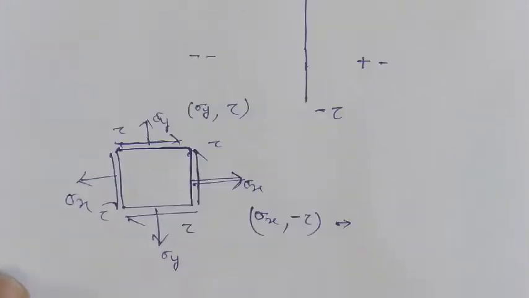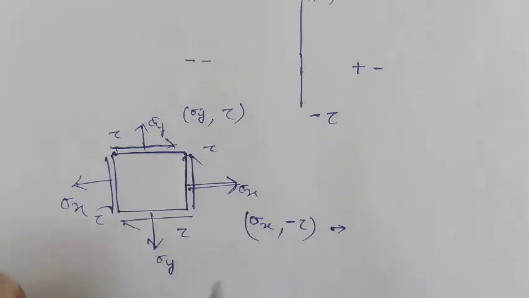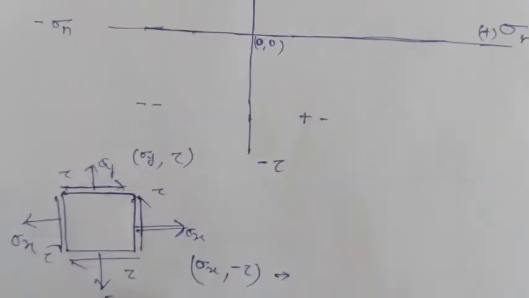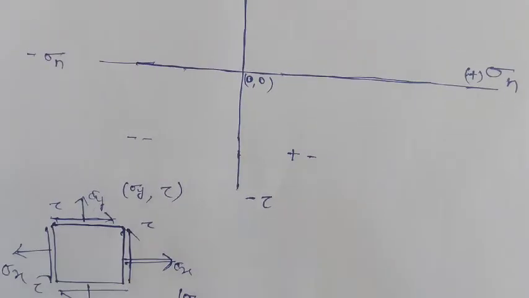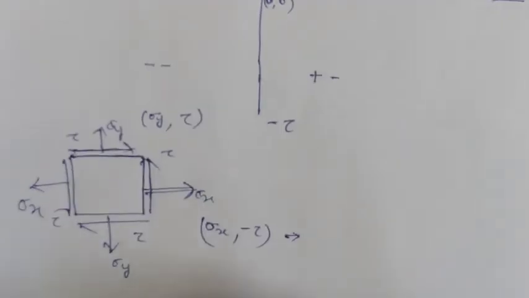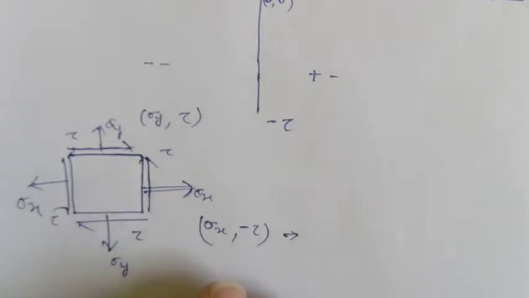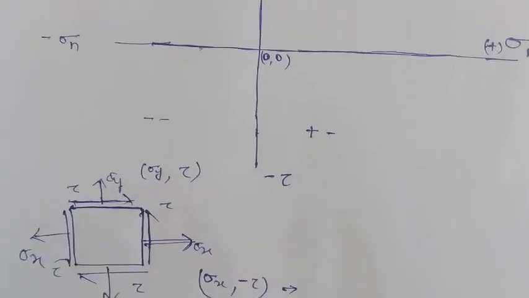So now first we find out the coordinates of this element. This is our first step to construct the Mohr circle. Now if we find out these coordinates in this given system, let me draw.